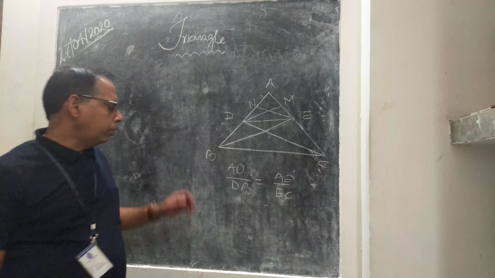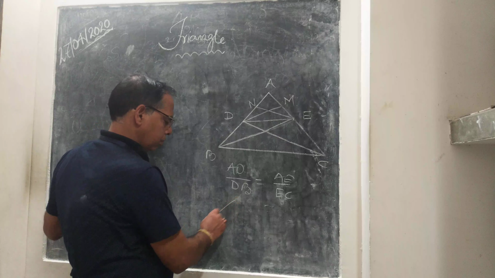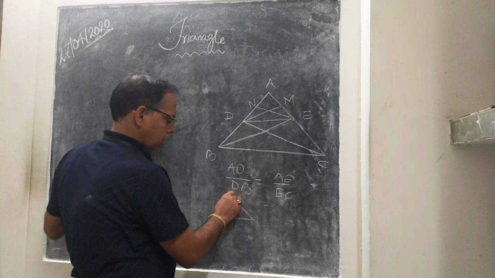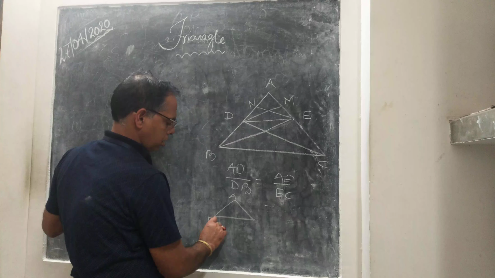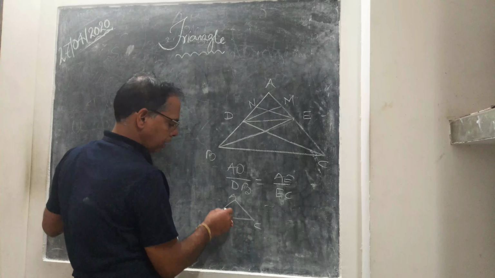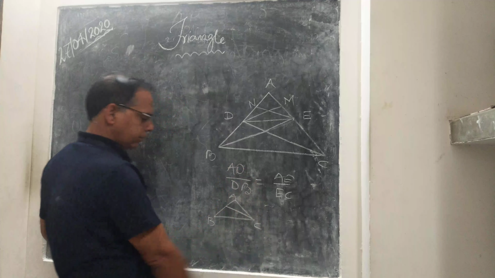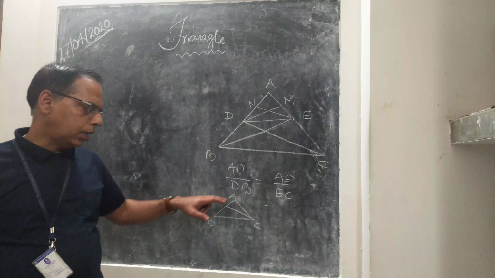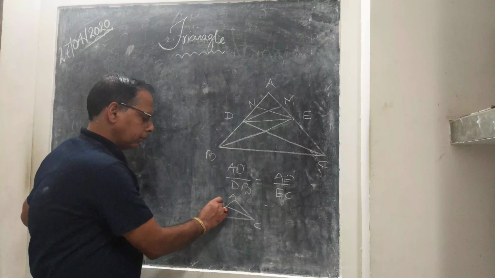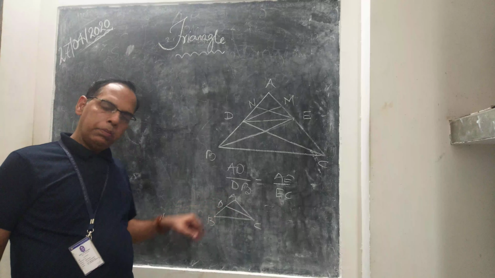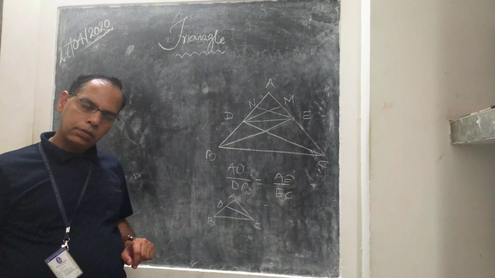Now, before I start the actual theorem, I will ask you about triangle ABC. If I take the altitude here, its area will be half into CD into AD. Yes or no? Yes? Okay.